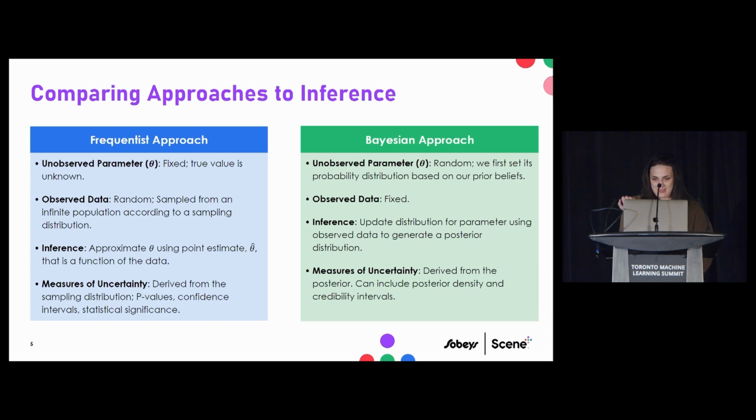For example, the true probability of activation for a customer in a given group. So in the frequentist paradigm, it's an unknown fixed value. Think of the population mean in statistical tests, right?